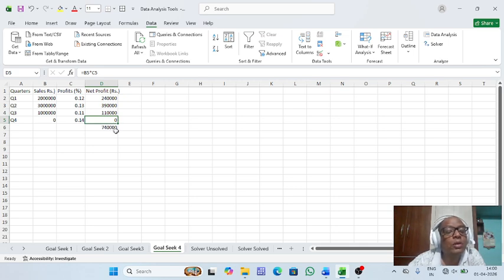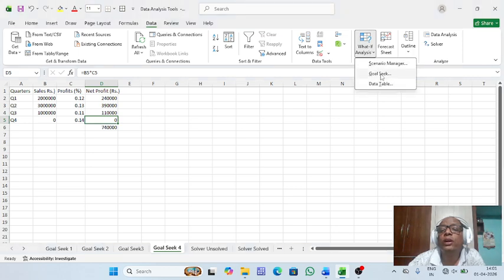The question is, how much sales do we require so that our net profit after the 4th quarter will be 10 lakhs? Remember that the 3 quarters' net profit is 7,40,000. To get a total net profit of 10 lakhs, what should be the amount of sales in quarter 4? So Goal Seek again.